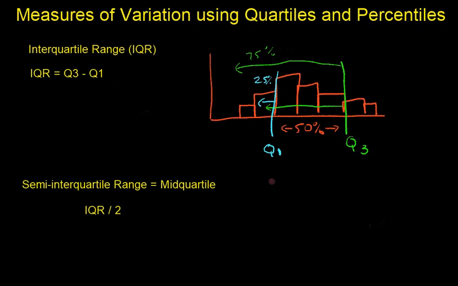So that's what the interquartile range is. It's the difference between the third quartile and the first, which is basically the range for which 50% of the data lies.